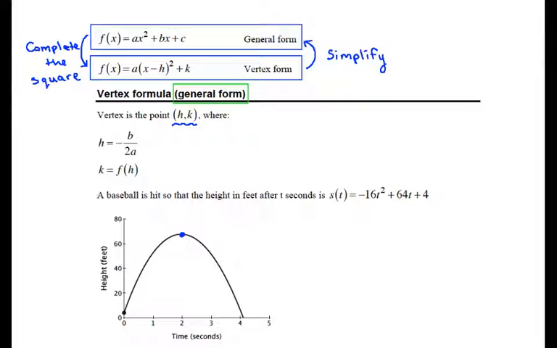We can find that vertex using this formula here, in which we first find the x-coordinate h. And then after finding h, we plug it in for the input variable in the function and use the output of the function to find k.